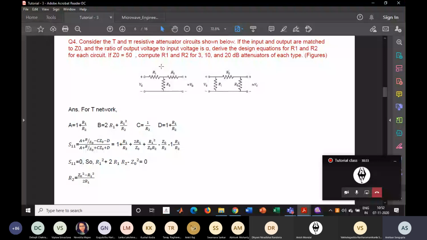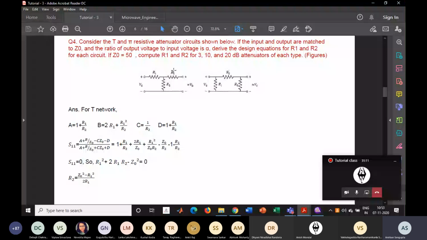To calculate the ABCD parameters of the total circuit, you have to divide the circuit into three parts. Suppose for the first case, the T network, this R1 is one network, this R2 is another network, and this R1 is another network. You take the ABCD parameters of these three parts, cascade them, and multiply, because this is the easy way of calculating the ABCD parameters of a whole network.